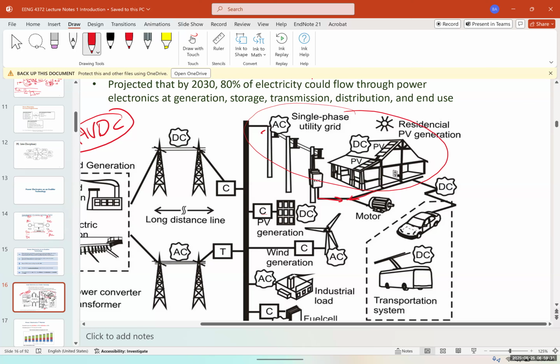Sometimes you create extra energy. You create more energy than you consume. You can sell that back to the grid. That requires a power electronic system. Sometimes you want to store that in a battery to later use it at night. That requires a power electronic system. And sometimes you want to get energy from the grid. Again, that uses a power electronic system.